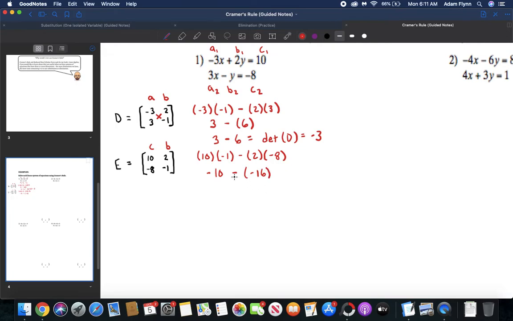If I get rid of the parentheses, I've got a minus and a minus, so I'll have negative 10 plus 16, which we know is 6.